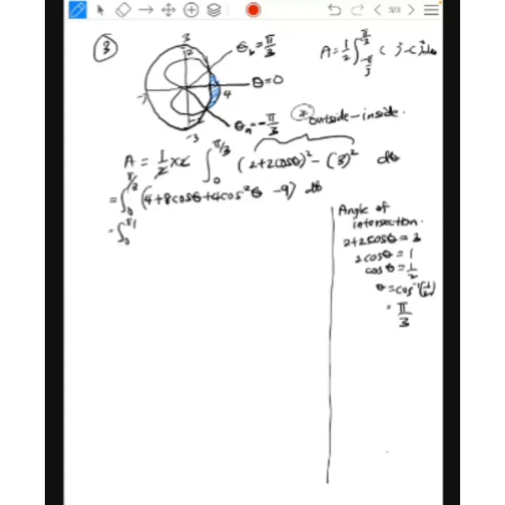Simplify: 4 minus 9 will be negative 5. The 4 cos squared theta, you also have to change using the identity, so 1 plus cos 2 theta over 2, plus 8 cos theta.